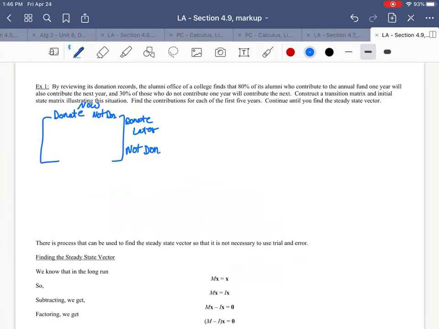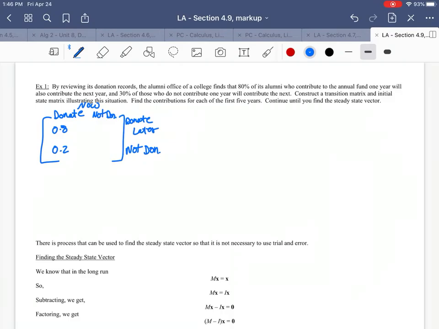All right, so 80% of the alumni who contribute one year are also going to contribute the next year. So those are donate. So that would be 0.8. All right, and remember the columns have to add up to 1. So once I know that is 0.8, this is 0.2. All right, and then it says that 30% of those who do not contribute one year won't do it the next year either.